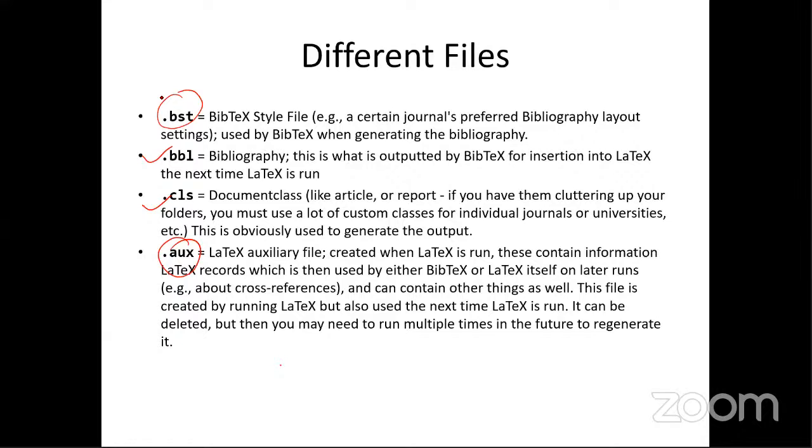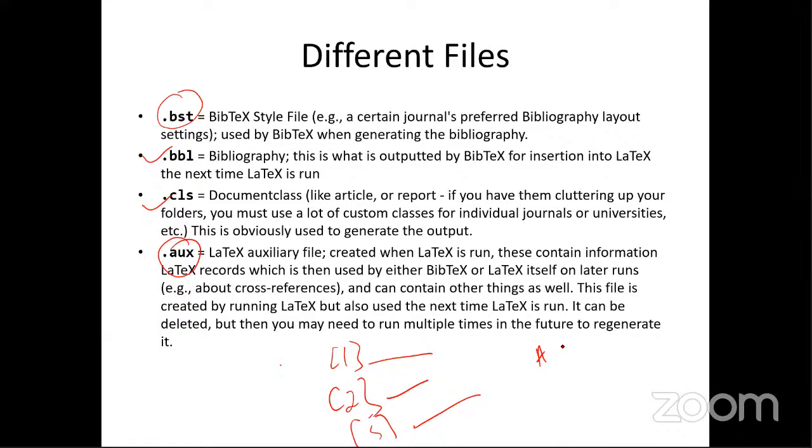So what is the style? Suppose in some research papers there is a bibliography: reference one, reference two, and reference three. Some papers might have kept their references according to alphabetical order.